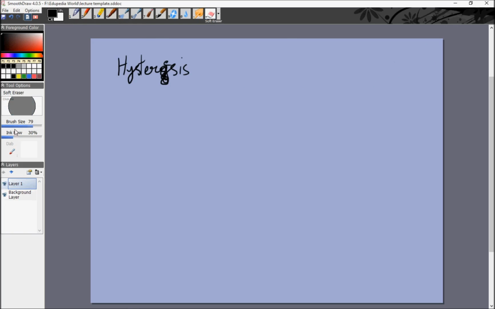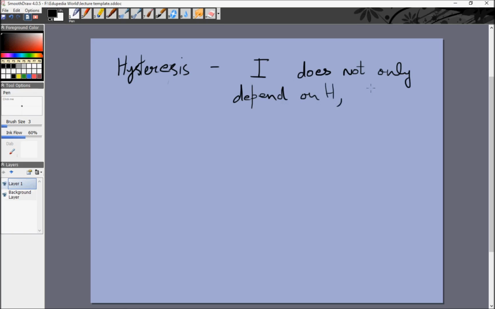What hysteresis is, it's a process occurring only in ferromagnets. And it says that I in terms of H does not only depend on H, but the previous history as well.